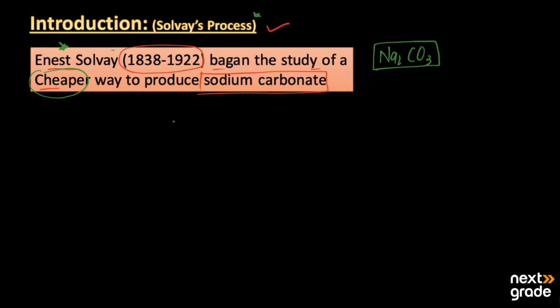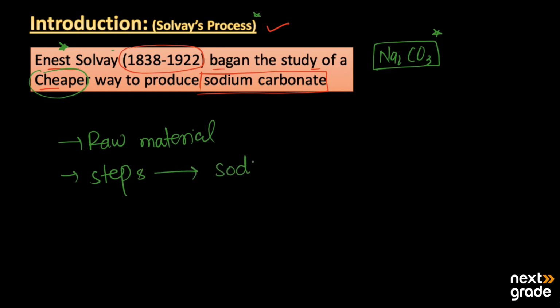In the Solvay process, we prepare sodium carbonate by using different types of raw materials, and a proper process including different steps is offered for the preparation of sodium carbonate. And there are a lot of uses for sodium carbonate that we will discuss later.